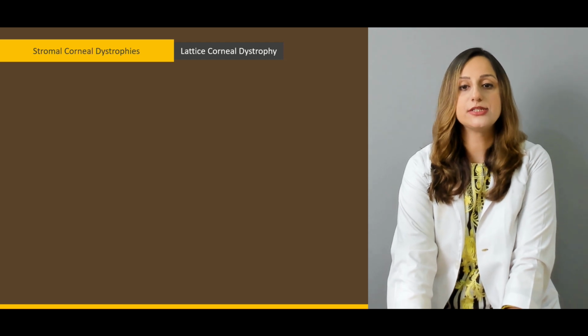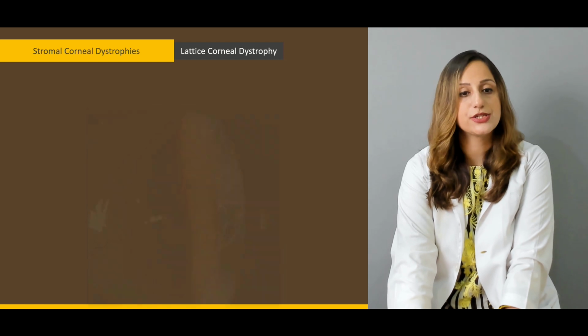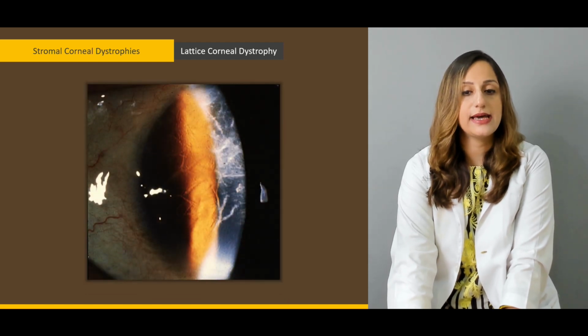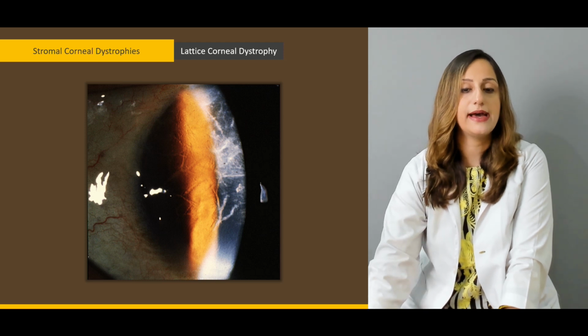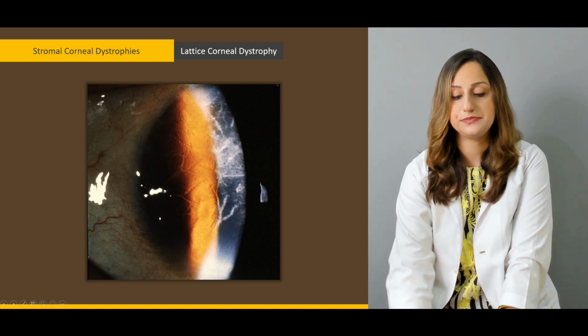The stromal corneal dystrophies, which are also known as the lattice corneal dystrophies, have a clinical picture like this, involving the epithelium as well as the stromal layer of the cornea.